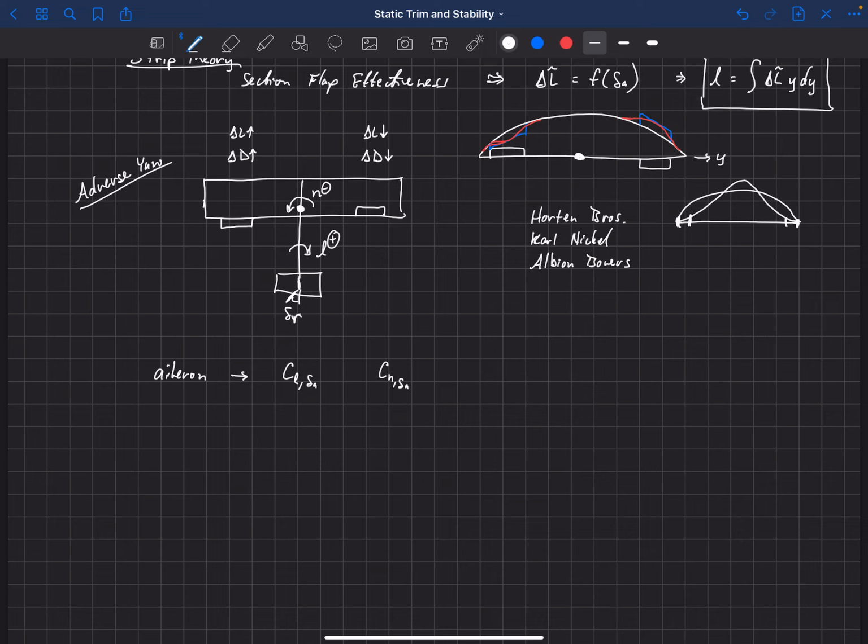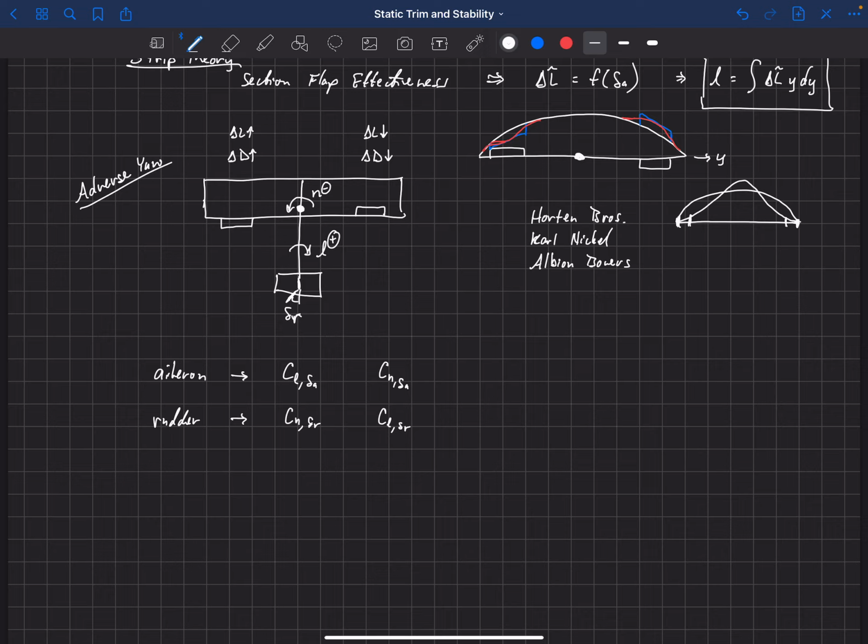The rudder: when we deflect the rudder, the reason we're doing that is to get a C_N,δR. We usually are deflecting the rudder to control the yawing moment, but the rudder can also create a rolling moment. So we're also going to have a change in rolling moment due to rudder deflection.